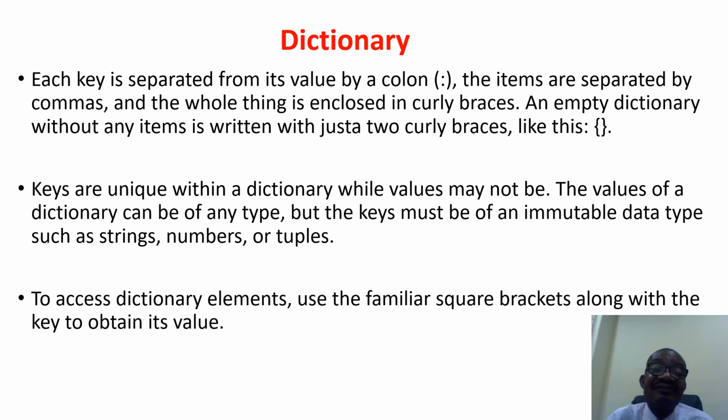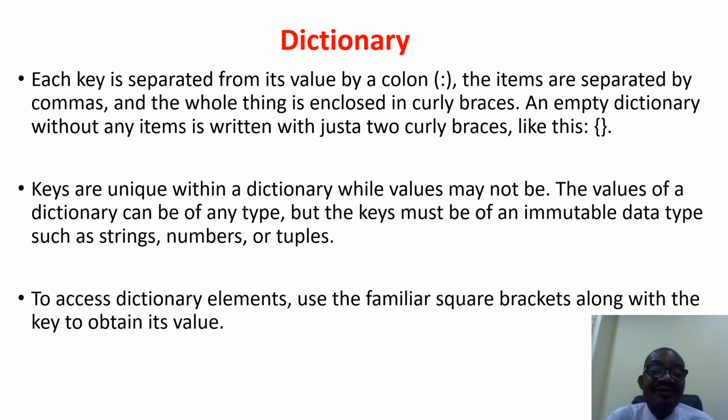Then we now have dictionary. Each key is separated from its value in a dictionary by a colon. The items are separated by commas, and the whole thing is enclosed in curly braces. This is how a curly brace looks, and that is what is used in a dictionary. A list uses square brackets, while tuples use parentheses.